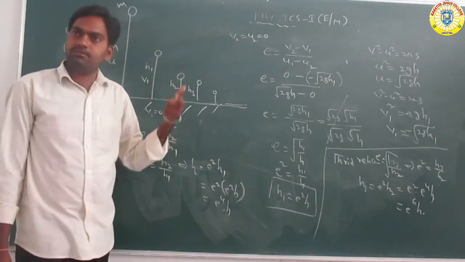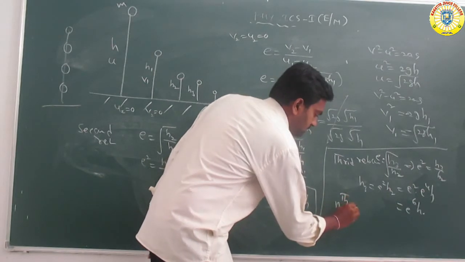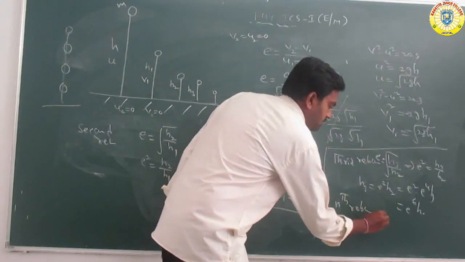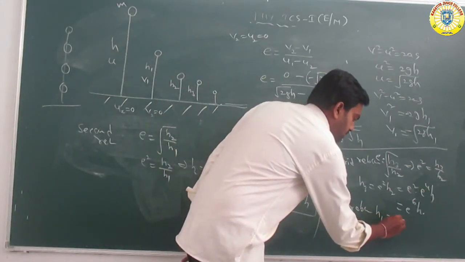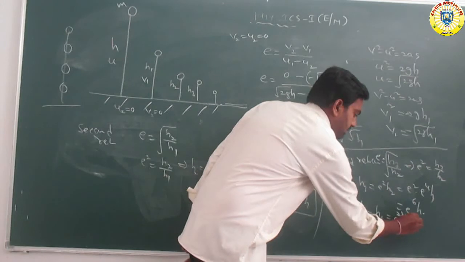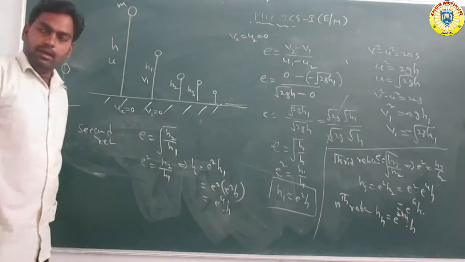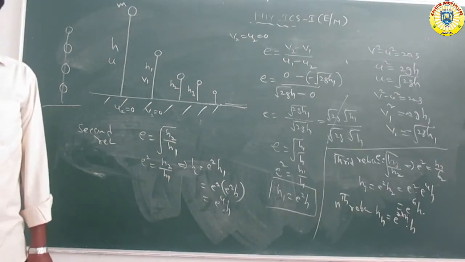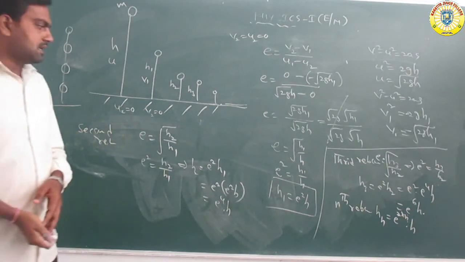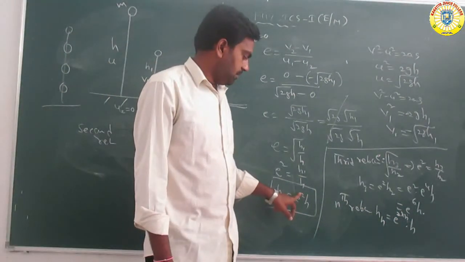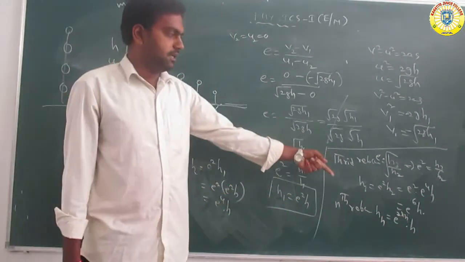So based on the number of rebounds, the final equation for the nth rebound is Hn equal to E to the power of 2n into h. The first case is E to the power of 2 into h, the second case E to the power of 4 into h, the third case E to the power of 6 h.